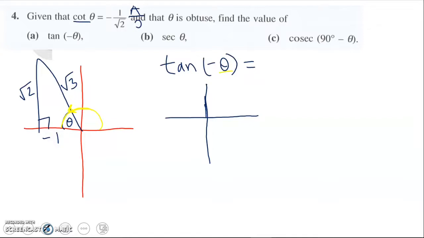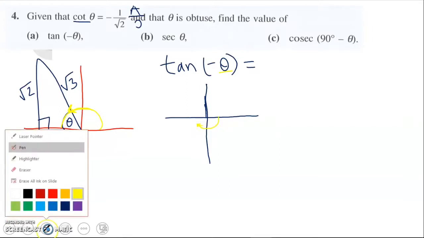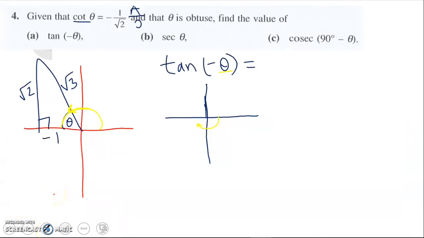So instead of going positive, it's going to go negative. So it's going to end up right here. So your right triangle should develop in Q3, where this is negative theta.